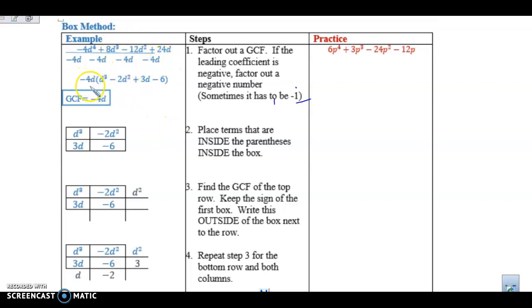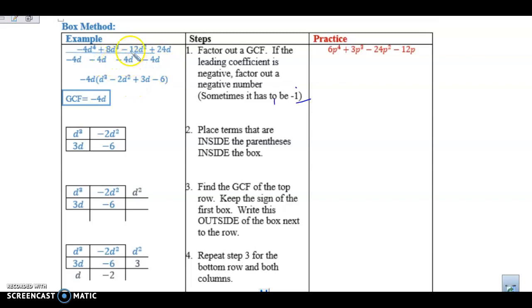So then I get negative 4D times, because I took one out, D to the third power becomes D to the second power. Or, sorry, that's fourth power. Third power. Negative 4 times negative 2, that's why it's a negative here. And when you take out a D, there was 3 before, now there's 2.